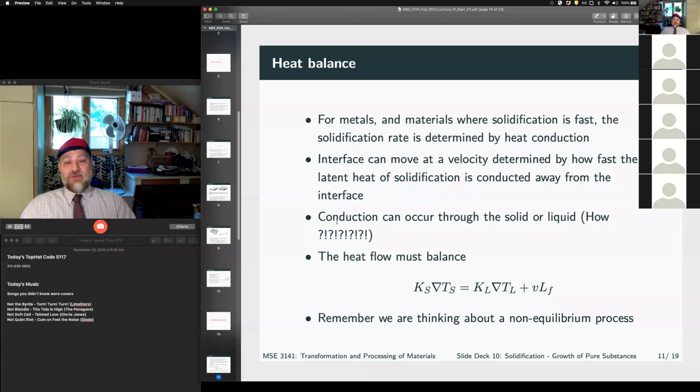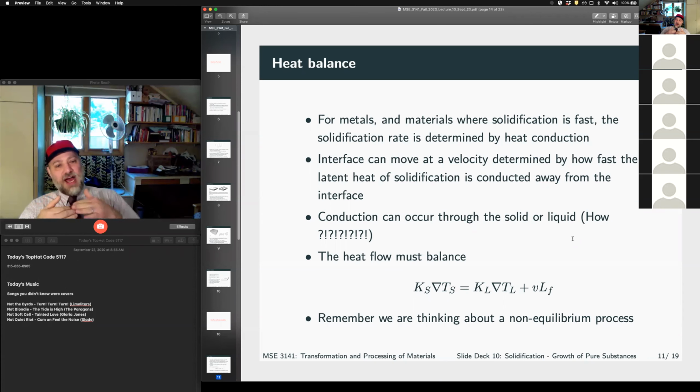If we're solidifying into a superheated liquid, say we have a chilled mold, since heat conduction through the liquid isn't instantaneous, it's fast, but not instantaneous, we reach a critical nucleation temperature at the mold wall while the temperature of our liquid is still high.